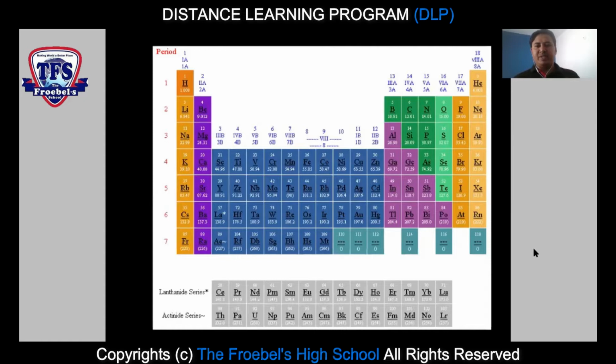We have 7 periods and 18 columns, as you can see in this periodic table, and these vertical 18 columns are further divided into 2 groups, A and B. A group contains 8 columns with the normal elements, and the middle portion, that is the transition metals, including lanthanides and actinides, has 10 columns.